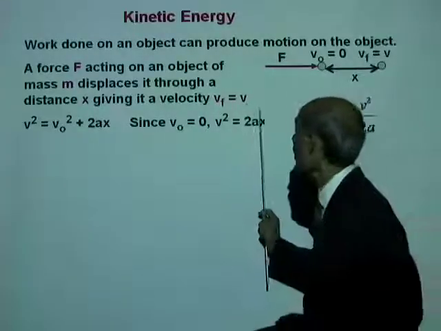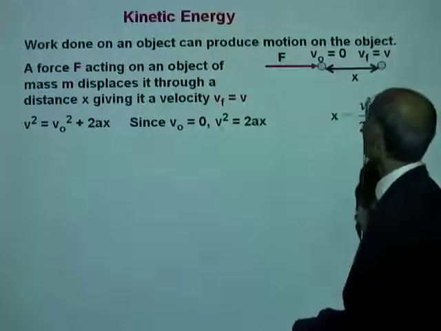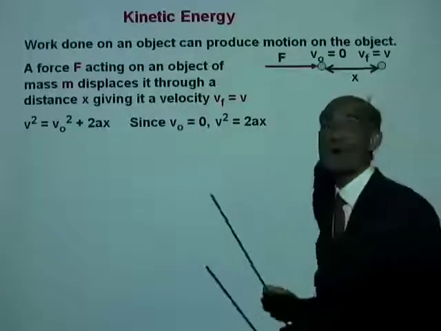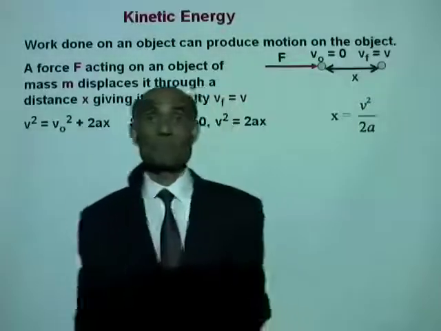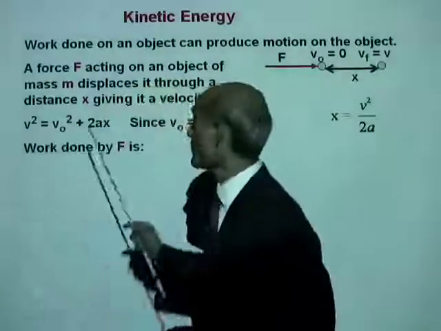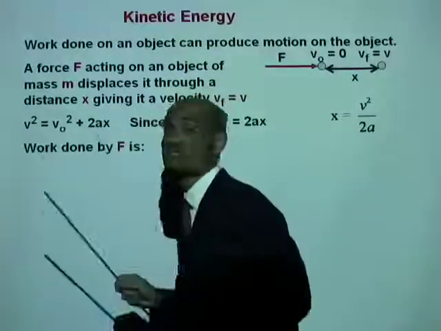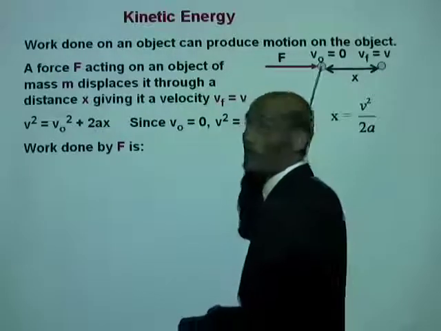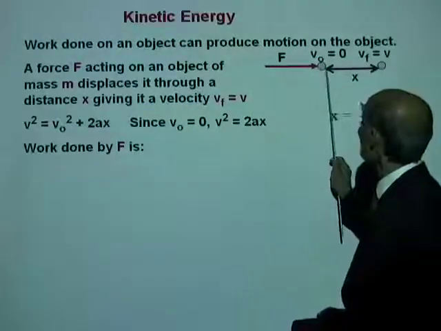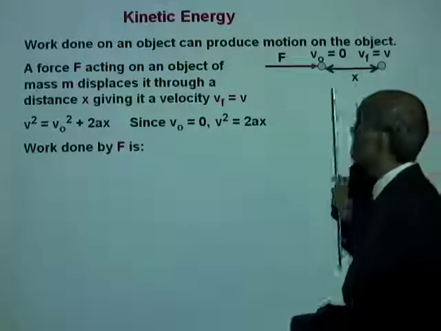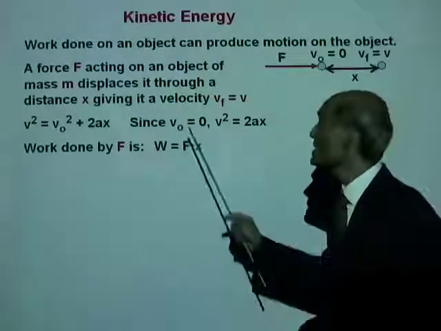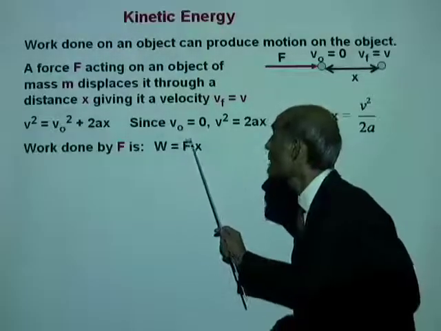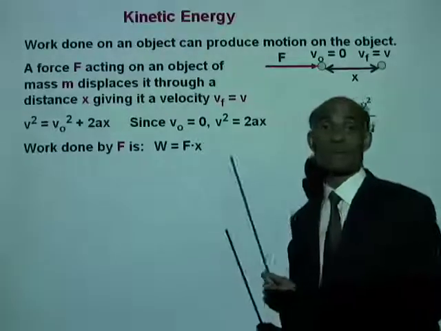And so let's solve for x. x equals v squared over 2a. What is the work done by this force? Work done by this force on this particle is the force multiplied by the displacement. So we can say W equals F multiplied by x.